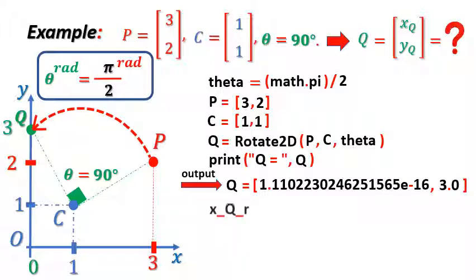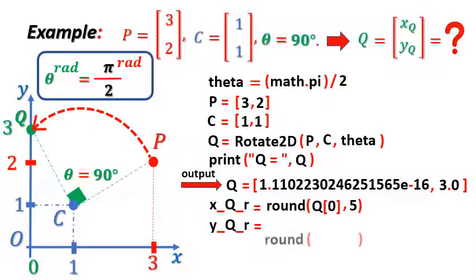Let xqr denote the round of xq with 5 decimal places. We have xqr equals to round of q0 with decimal places of 5. Also, let yqr denote the round of yq with 5 decimal places. We have yqr equals to round of q1 with decimal places of 5.